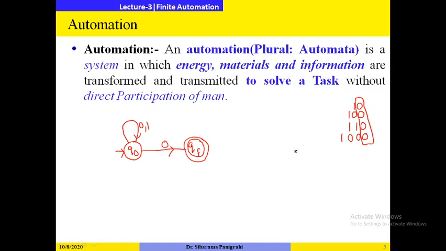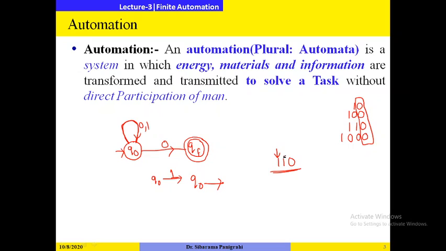Okay, so now let me check whether this string is divisible by 2 or not. 1 1 0. So first, Q0 is the initial state, so Q0 will become the current state. Q0 by taking 1 as input, what is the next state? Q0 by taking 1 as input, it will come to Q0.